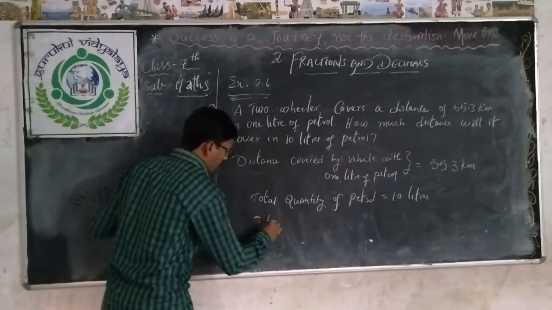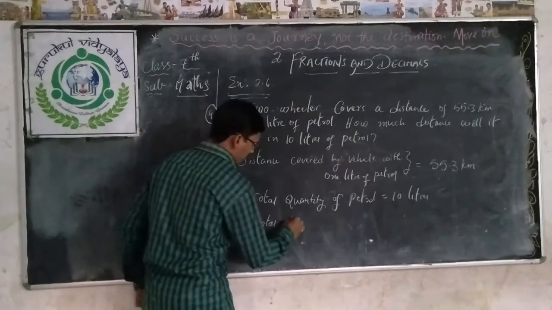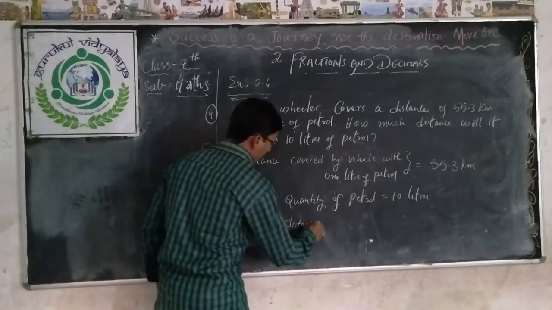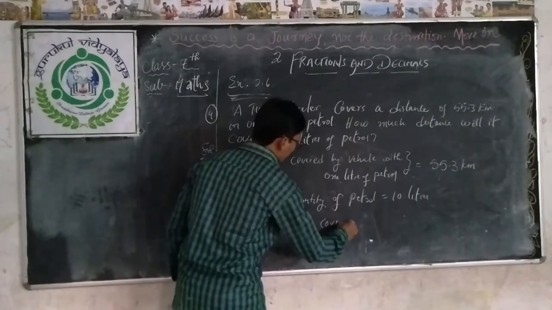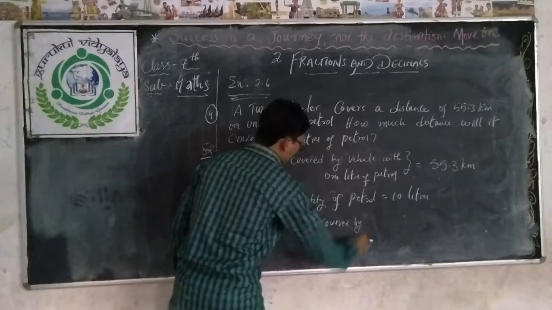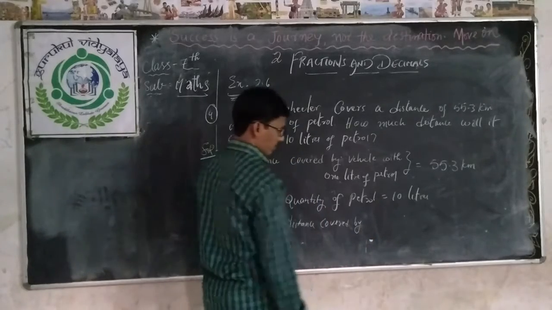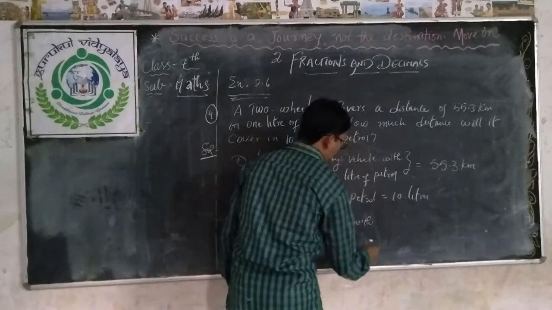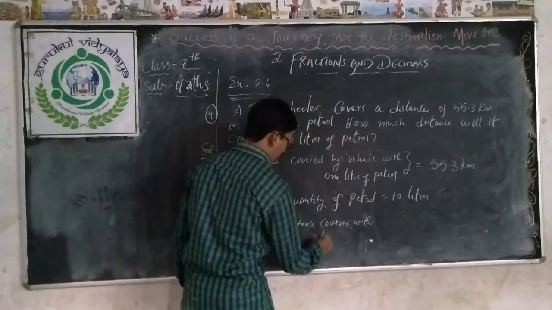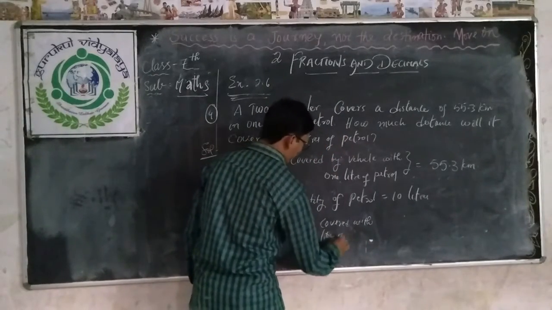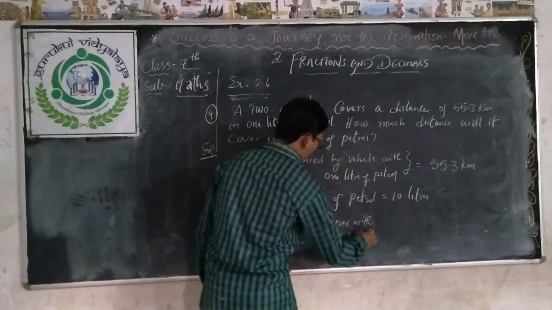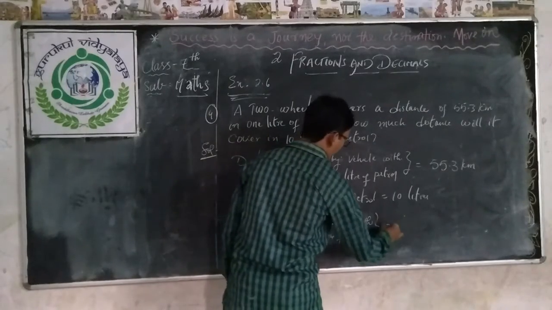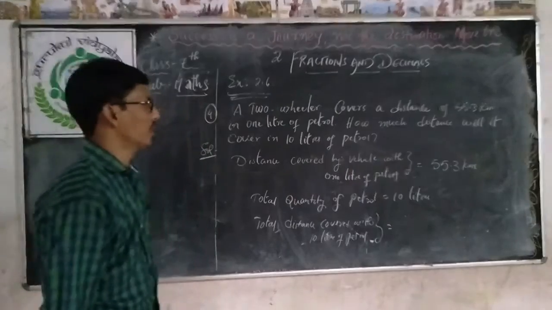Now, the total distance covered with 10 liters of petrol. So that means, children, it's simple.